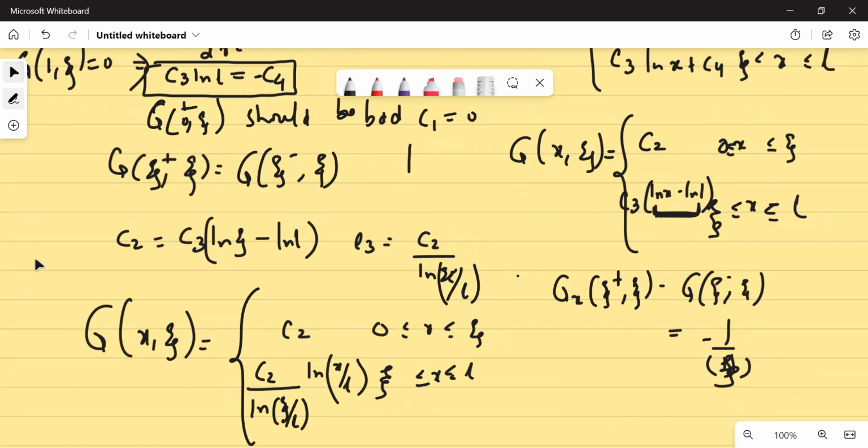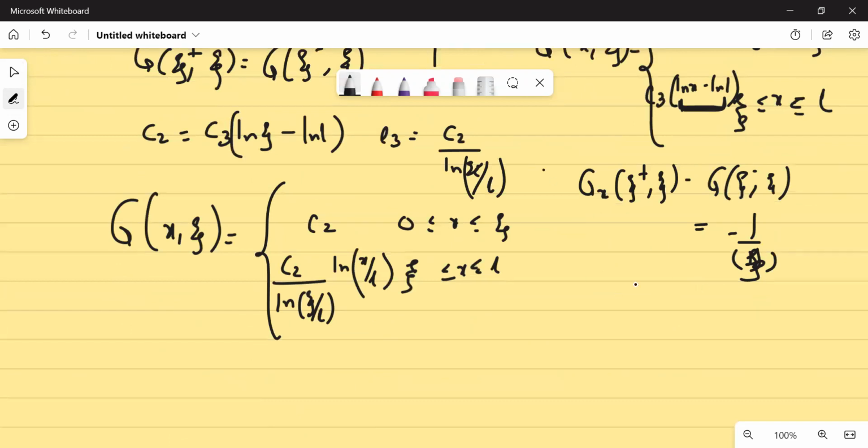Now if I use these conditions, what would I get? To the left, the derivative would be 0 because there is only a constant. Here I would get C2, and these are all the constants. The derivative of ln(x/L) will simply be 1 upon x.